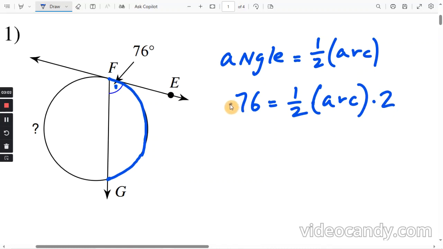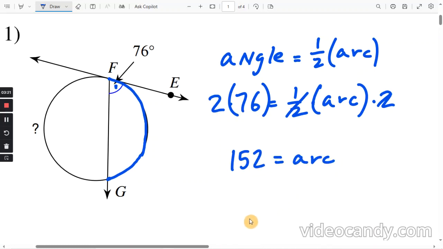You want to do that to both sides. 1/2 times 2 cancels because 2 divided by 2 is just 1. And 2 times 76 is going to be 152. So that equals the arc. This one here is 152, and of course, that is in degrees.